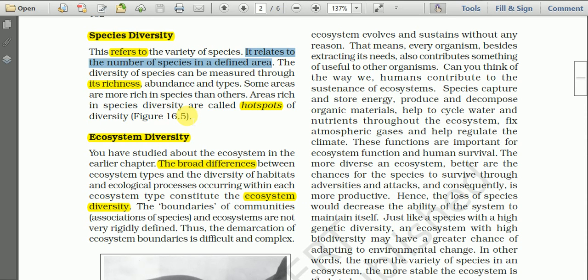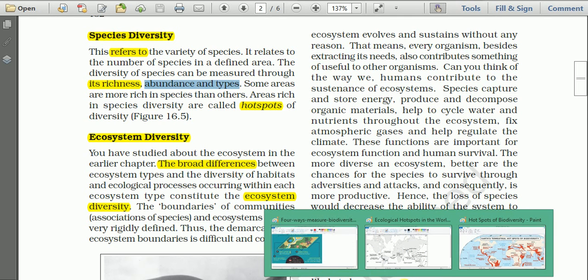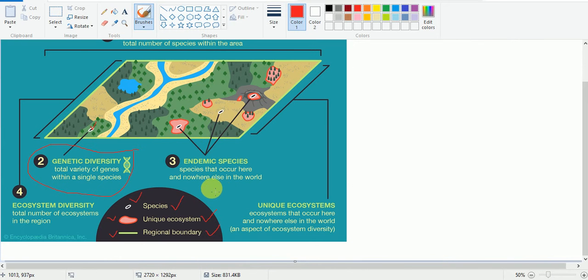And species diversity can be measured through its richness, abundance, and the types. Just see here about species diversity.